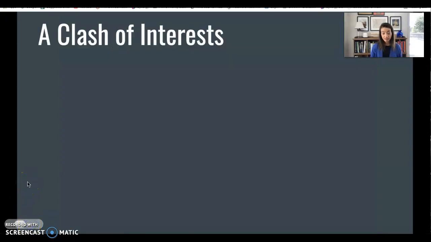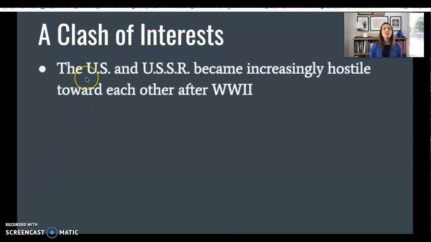And this first slide with text is titled A Clash of Interests. The first note reads, the US and USSR became increasingly hostile towards each other after World War II. So if we take a step back and do a teeny bit of review, World War II ended in 1945 with the dropping of the atomic bombs on Japan.